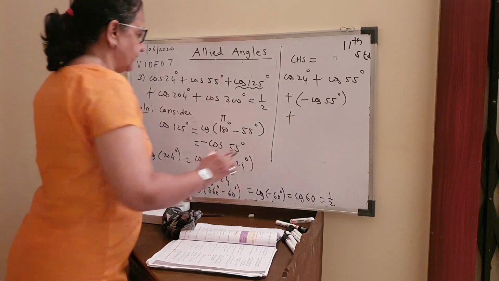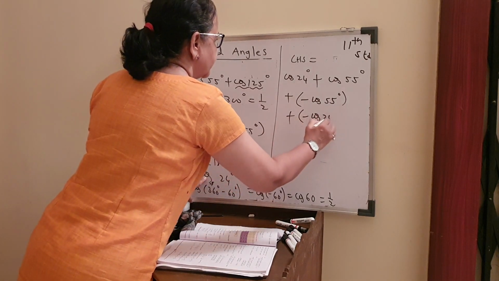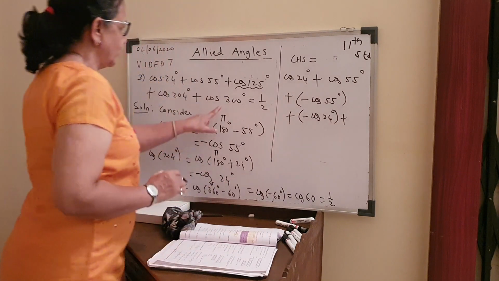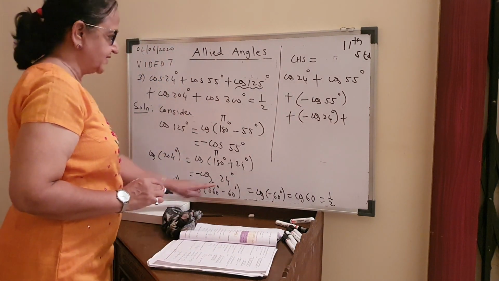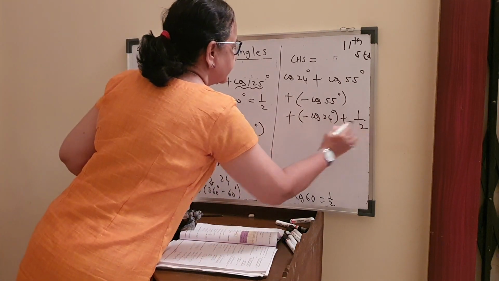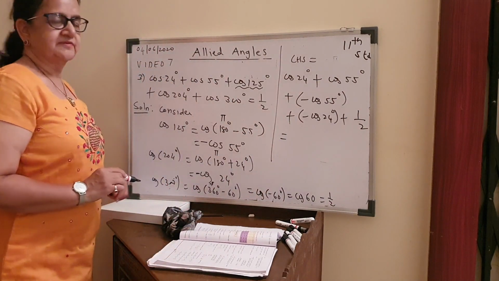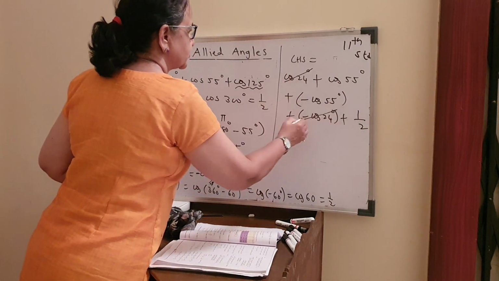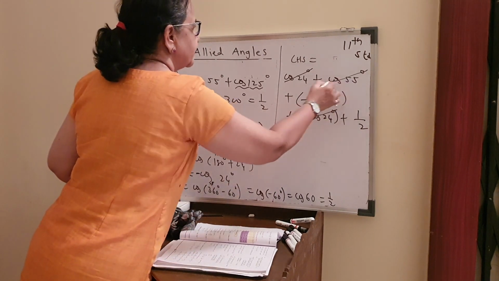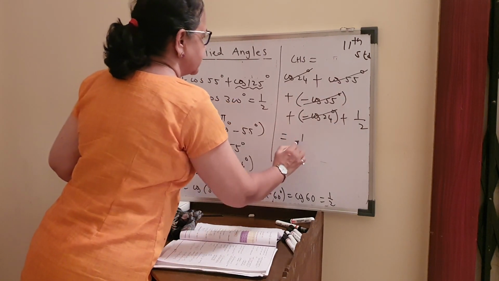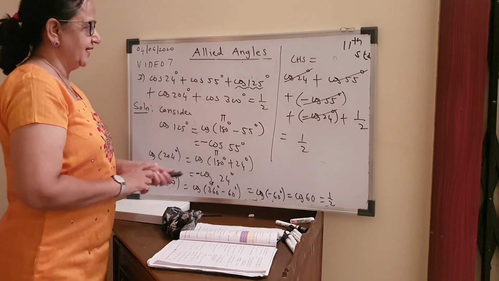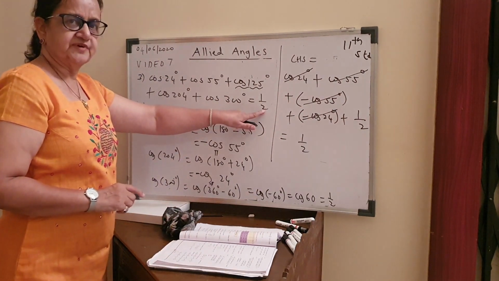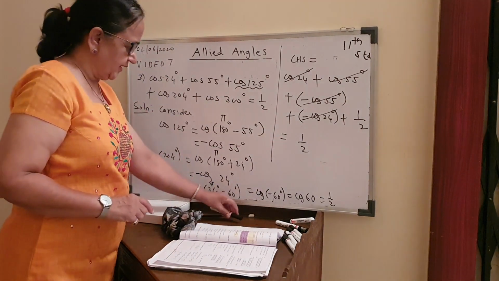Put the value: minus cos 24. Cos 300 I worked out. Answer half. All the values are put. And now with that, do you understand? Cos 24 and minus cos 24 got cancelled. Cos 55 and minus cos 55 got cancelled. But I got half, which I wanted on the final side. So write down that it is equal to RHS.